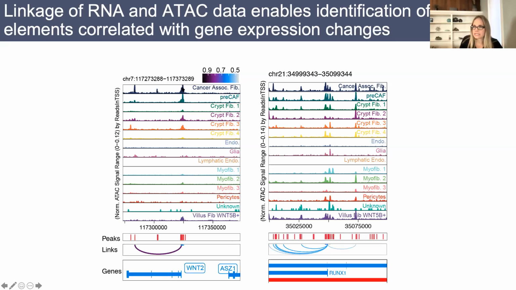What you can see is that there's the greatest accessibility around Wnt2, which is a CAF marker that activates Wnt, and this is present in the cancer-associated fibroblasts as well as the pre-CAF population. And when we look at the RUNX1 locus, we start to see that there are transcription factors around the TSSs, again in the cancer-associated fibroblasts and the pre-CAFs.